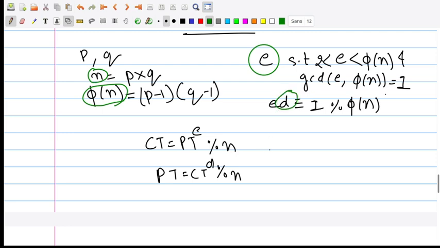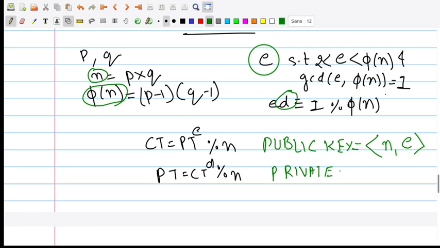Now what is a public key here? The public key is a tuple composed of modulus n and public exponent e. The private key, also known as the secret key, is composed of n and d.